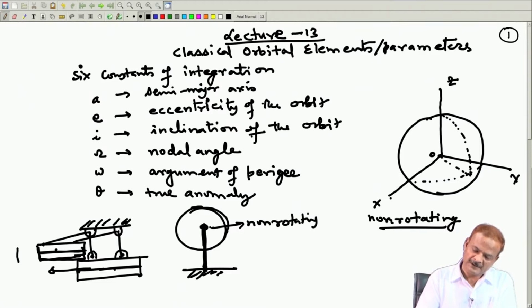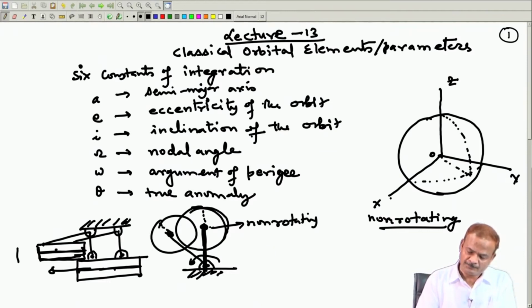Here the card cannot rotate, but at this place there is a pin, and about this it can rotate. Then you can see that a line like this, after some time gets displaced, and appears like this. The line orientation initially was in this direction, now it is in this direction. So this has rotated. This is a rotational motion, while the other is purely translational.